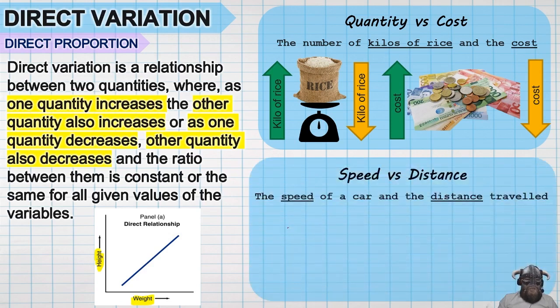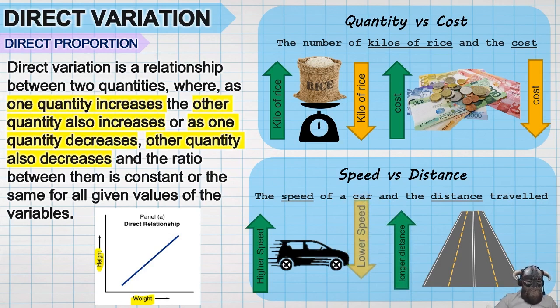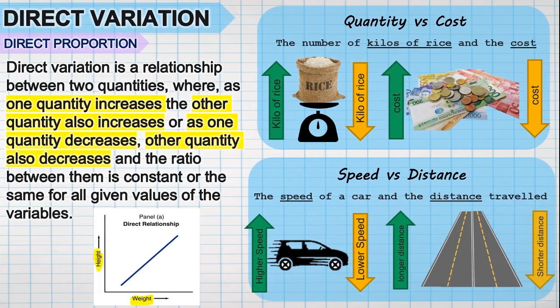Next, we also have another example wherein in real life, we discuss speed and distance. The speed of a car and the distance traveled. As the higher speed, mas mabilis yung sasakyan, syempre mas mahaba yung distansya na kaya niyang i-travel. Now, as the lower speed or mas mabagal yung sasakyan natin, mas maigsi rin yung distance na kaya niyang i-travel, di ba?